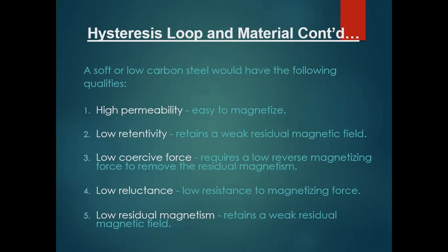And if reluctance is low, then retentivity is also less; it will easily leave the magnetic field. With less residual magnetism, less reverse magnetizing force is necessary to remove the field. So if permeability is high, all the other properties will be low. If permeability is low, all the other properties will be high.